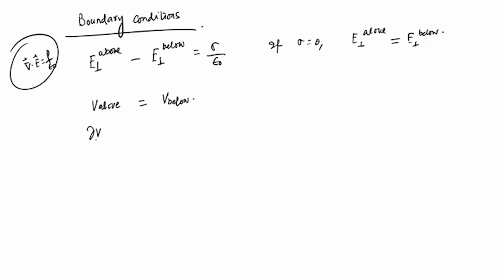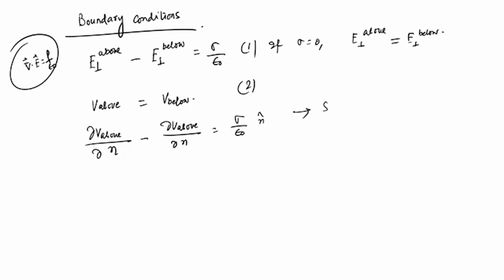And so, del V above minus del V below along n, where n is a unit drawn normal, which is nothing but the field, is equal to minus sigma by epsilon 0 n cap, which is the same as equation 1. So, this is equation 2 and this is the same as equation 1, just stated in this form. This is really the n cap direction.